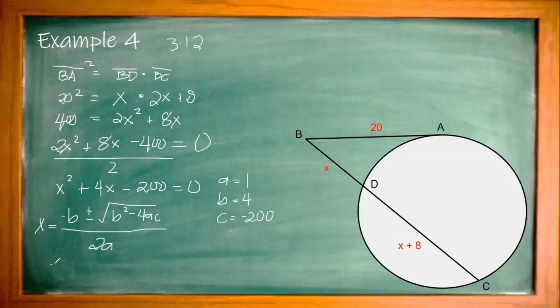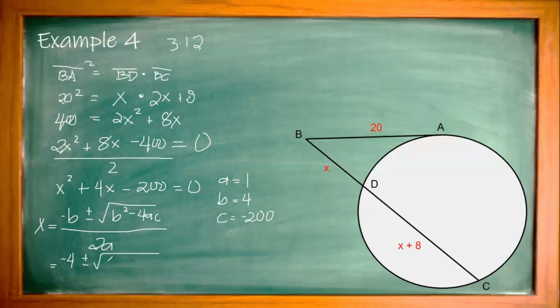Okay, if you substitute now, it results to negative b. Substitute for b, that is 4. So negative 4 plus and minus the square root of b.